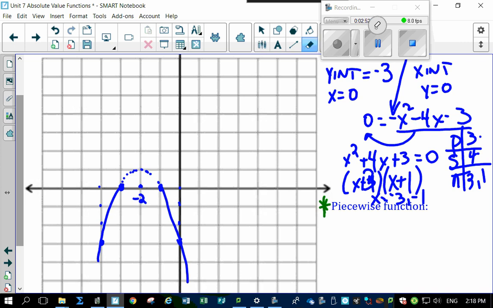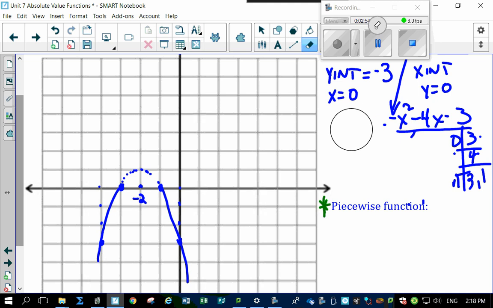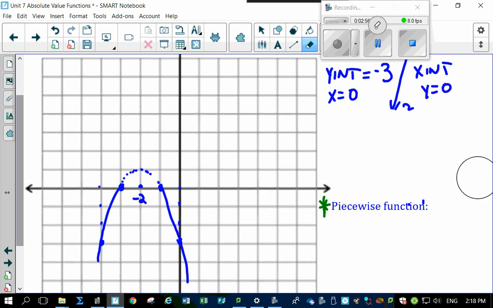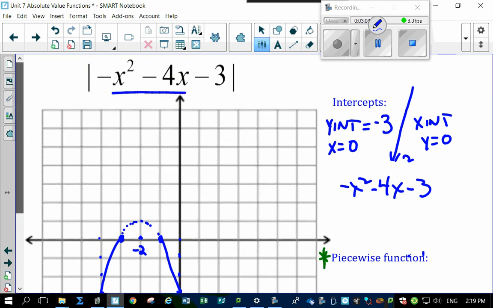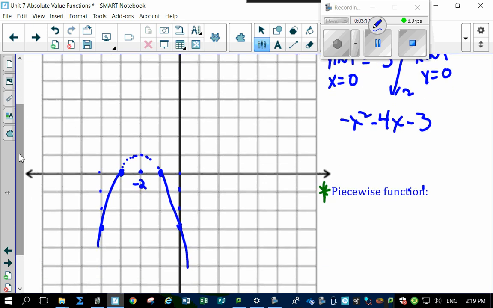Okay, so let's plug that into our original graph, which was -x squared minus 4x minus 3, right? So that's this graph right here. Ta-da. Pop in the -2. Let's watch what happens. Minus -2 squared, minus 4 times -2, minus 3.